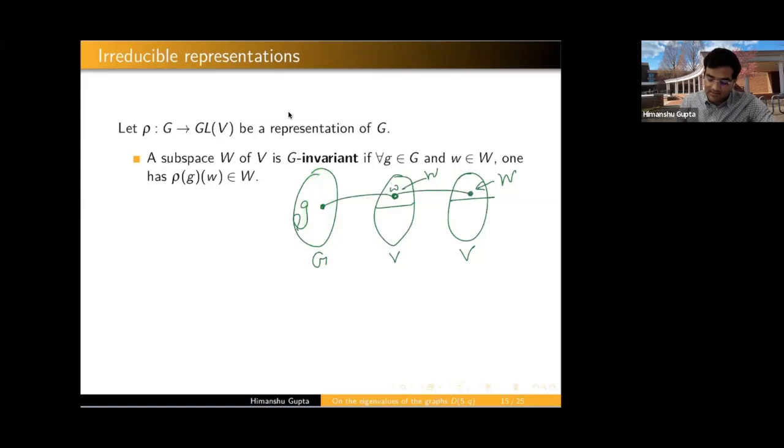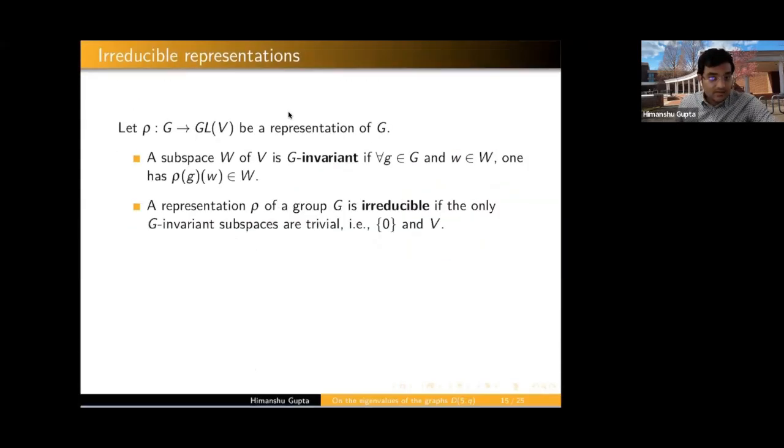That's what a G-invariant subspace is. Now, what is an irreducible representation? An irreducible representation is a representation whose invariant subspaces are just the trivial ones, either 0 or the full space. That means irreducible representations are those which do not have a sub-representation.